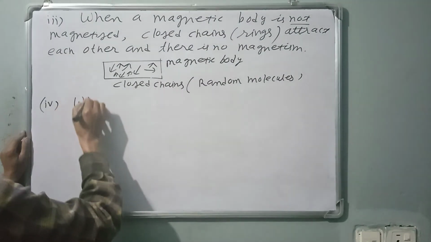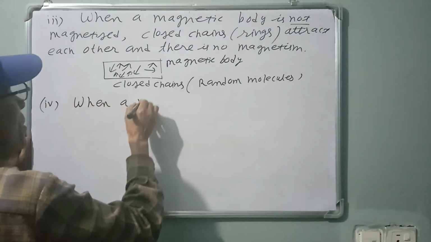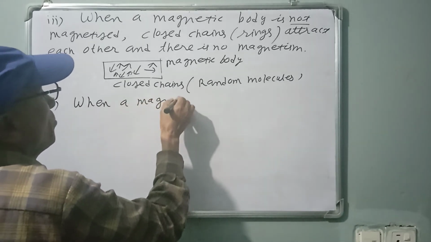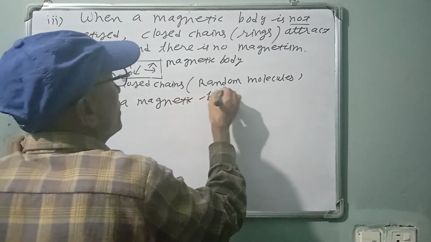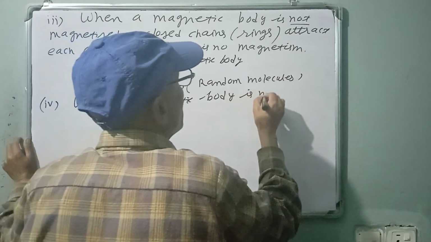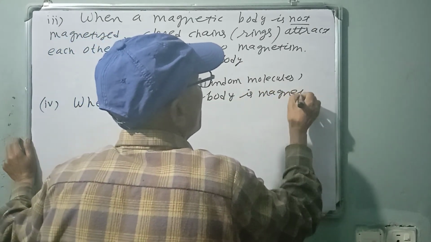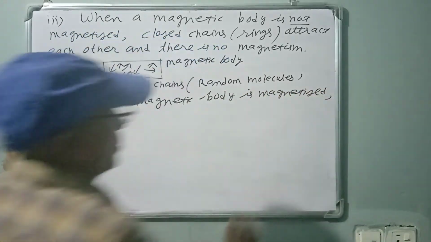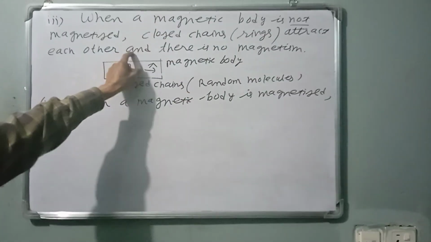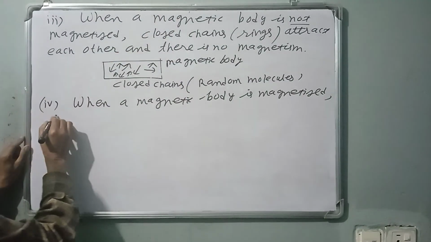When a magnetic body is magnetized, when the same substance is magnetized, what happens?